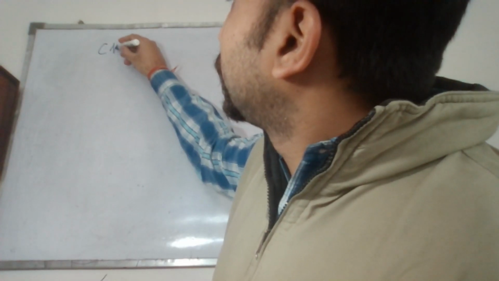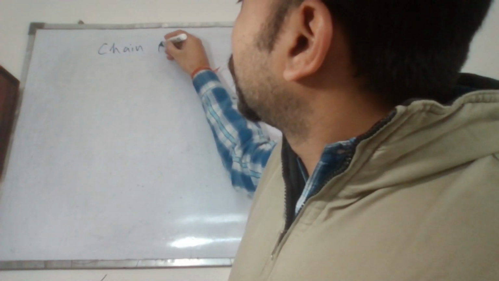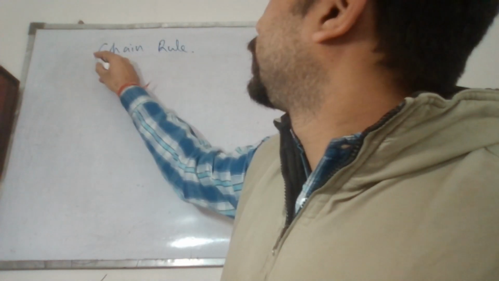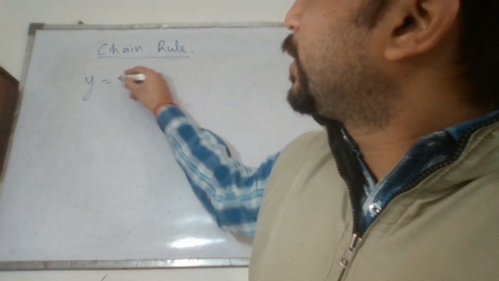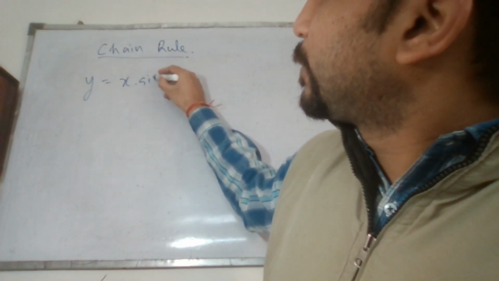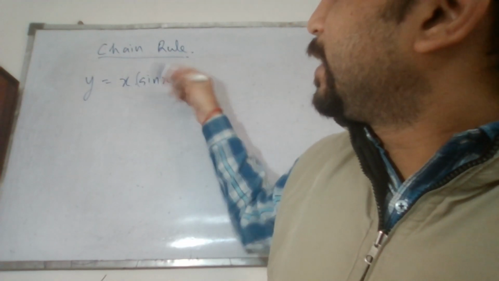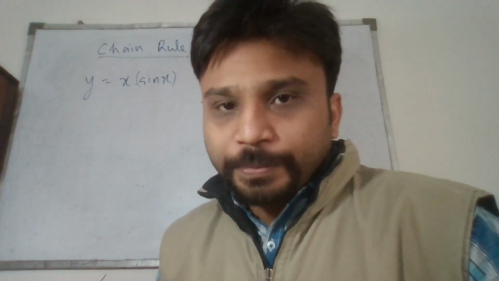So let's first write. Chain rule is a very useful tool to differentiate multiple terms when we have two or more terms clubbed together in a single term. By that I mean, let's say if I have a term like y is equal to x sine x, something like that, if I have to differentiate.